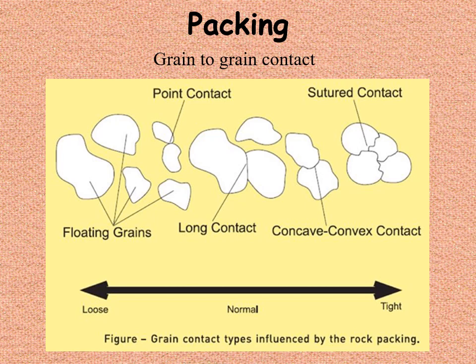Now with increasing overburden pressure, the contact area between two grains will increase. So after point contact, with increasing pressure, the grains touch along certain planes. Then we call it long contact or line contact.